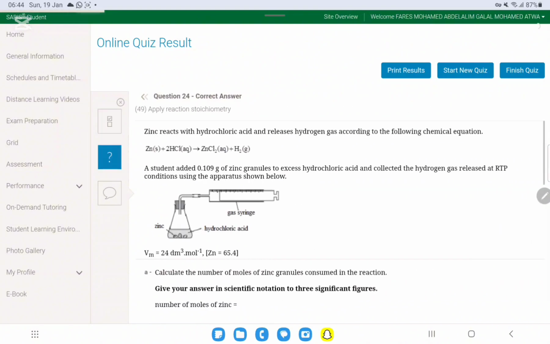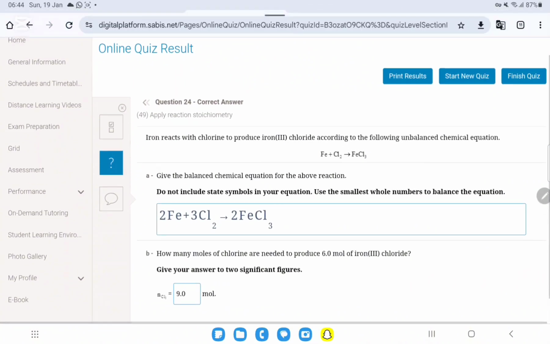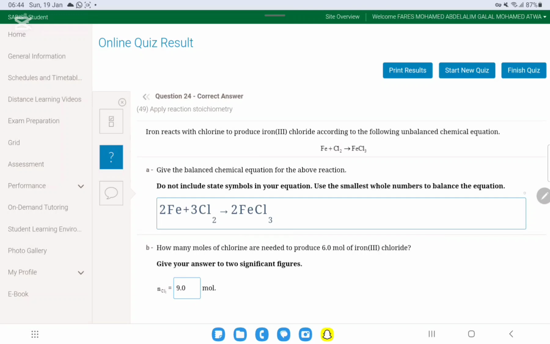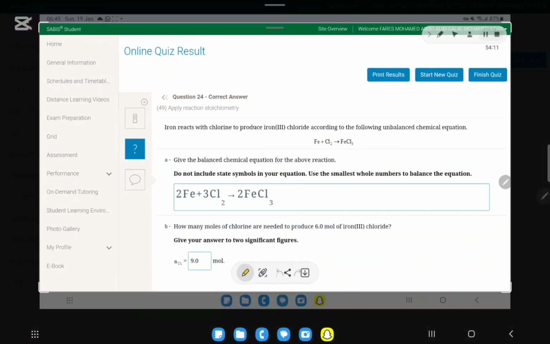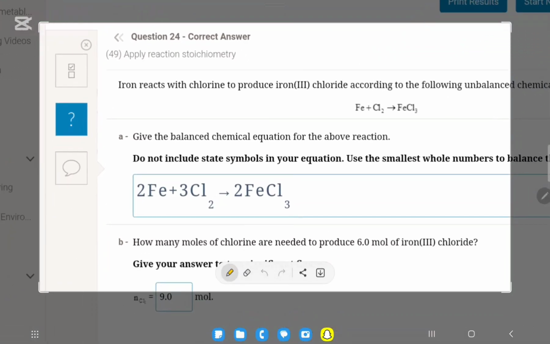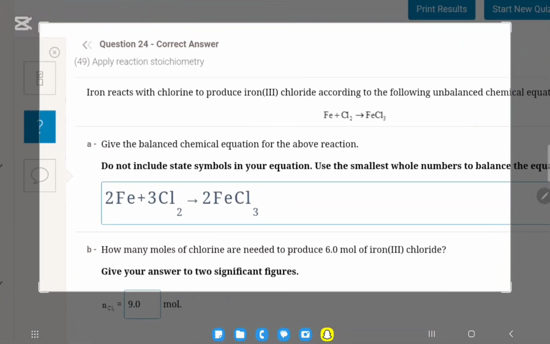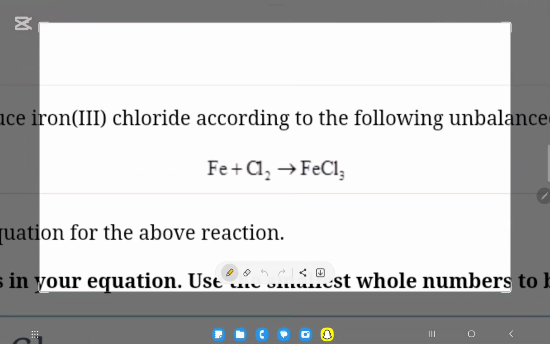And for the last question, iron reacts with chlorine to produce iron tetrachloride according to the following unbalanced chemical equation. But they want us to balance it. They said do not include state symbols in your equation. So we have Fe plus Cl2 equals FeCl3.